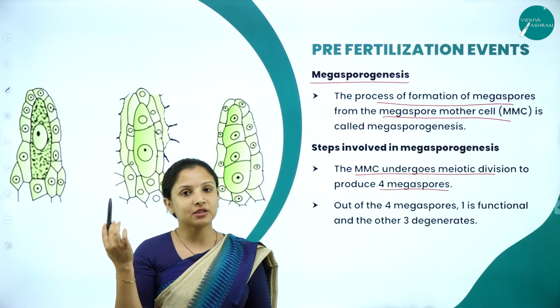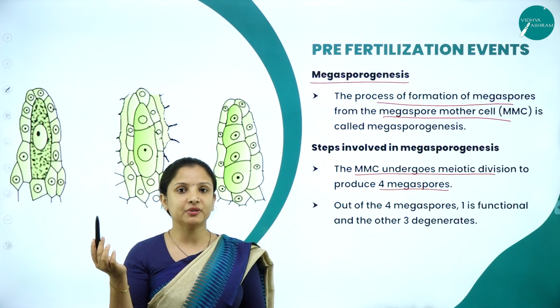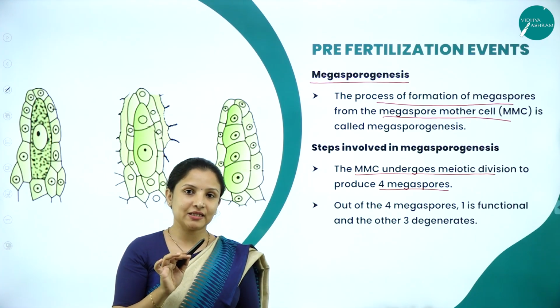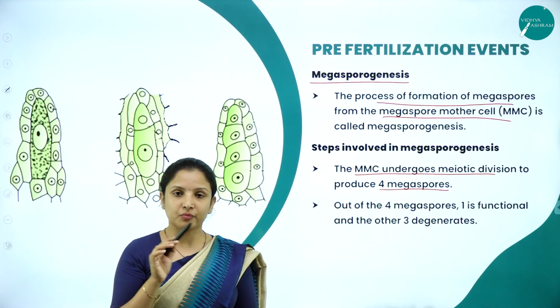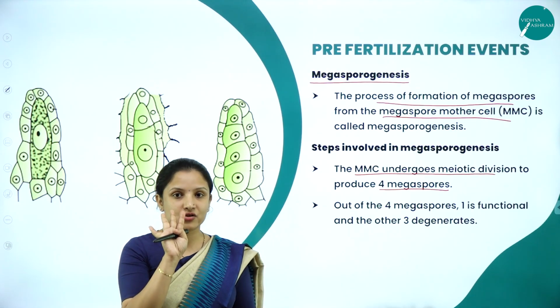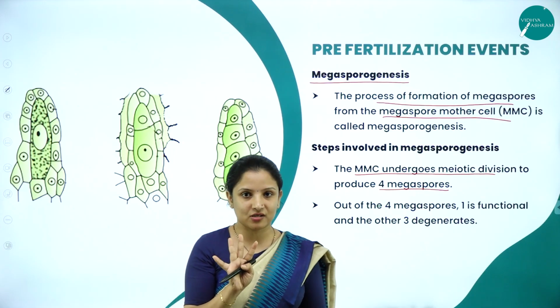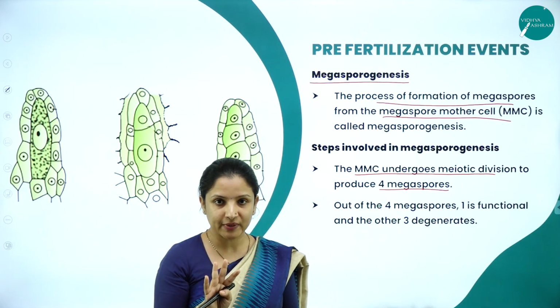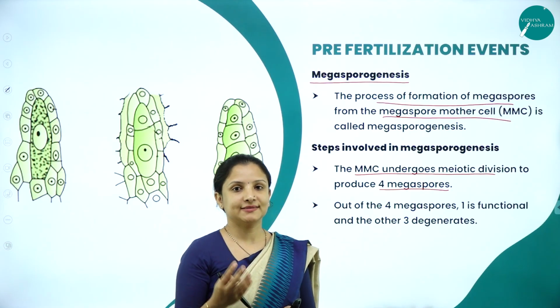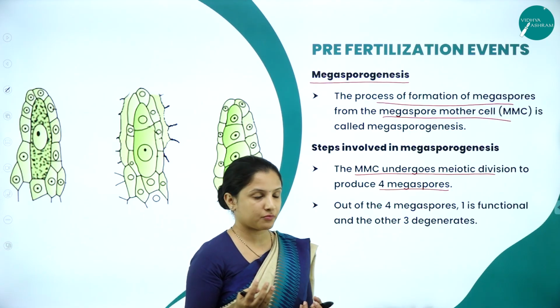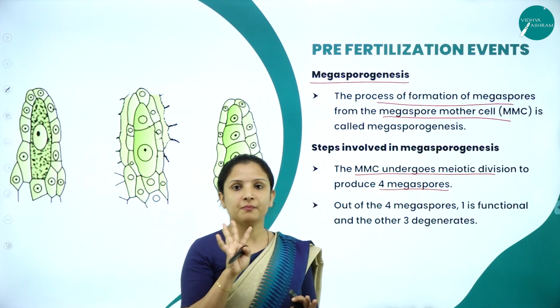In the same way, the microspore mother cell or pollen mother cell undergoes meiotic division to form a microspore tetrad, in which 4 pollens are present. Therefore, it is called a tetrad. Same way here, the megaspore mother cell will undergo meiosis to produce 4 megaspores.